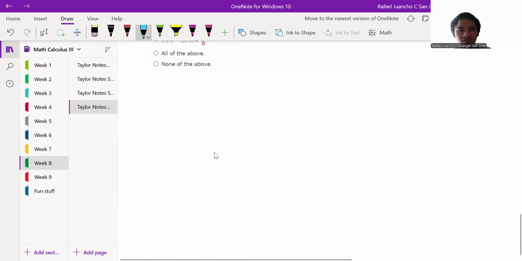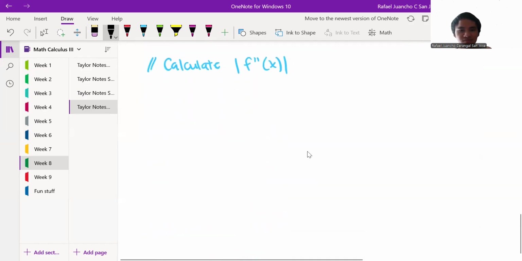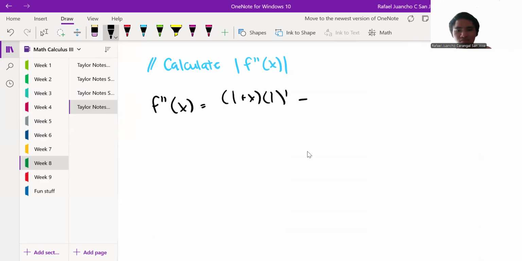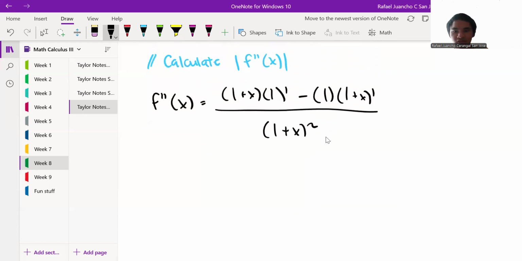So we calculate the absolute value of the second derivative of my function. If this were the first derivative, now I want to find the second derivative. So the second derivative would be this. Let me square that. Right? And so here we get a 0.